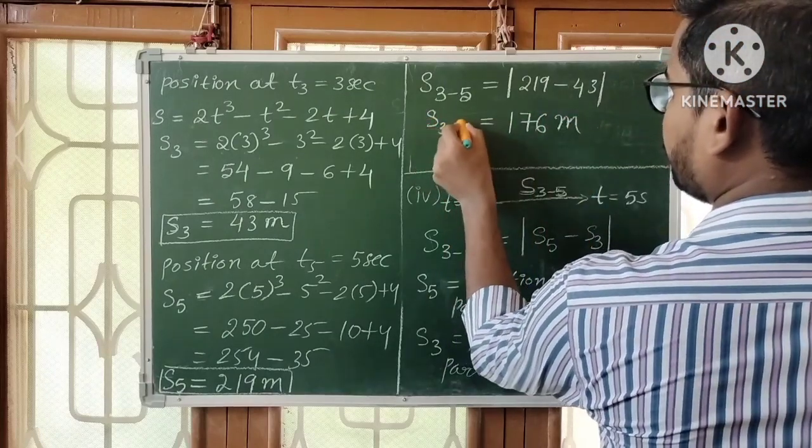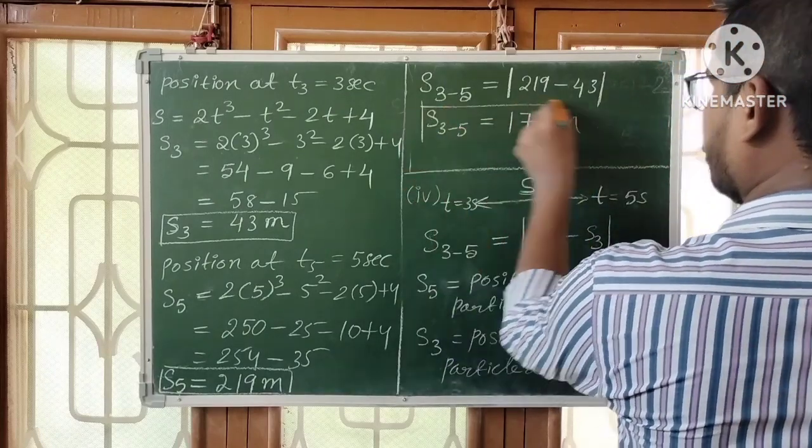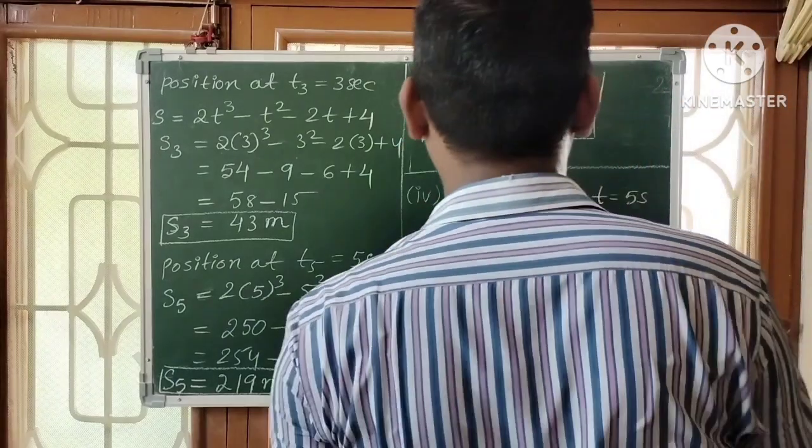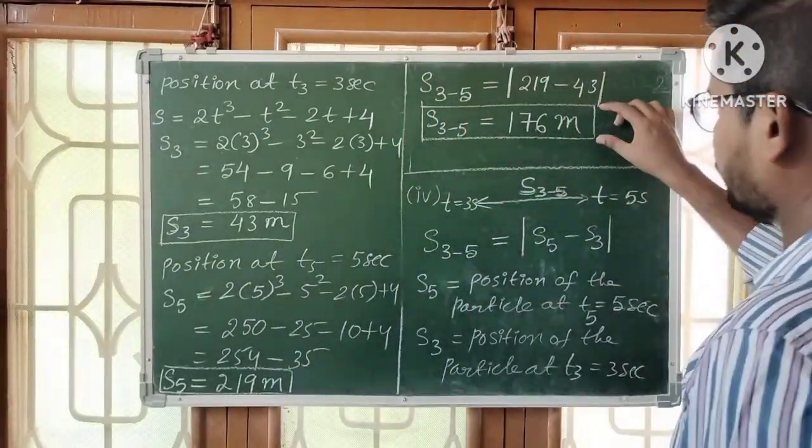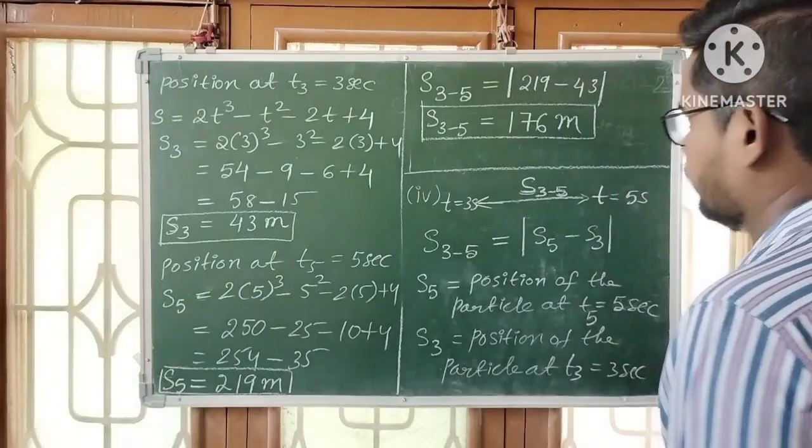So the distance traveled by the particle from 3 seconds to 5 seconds is 176 meters.